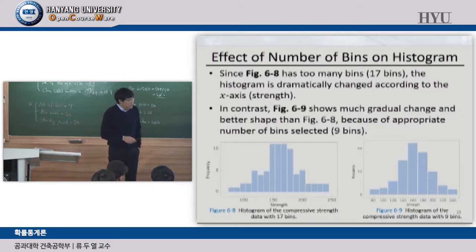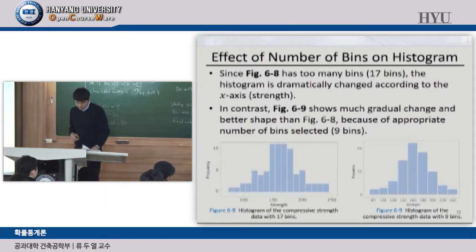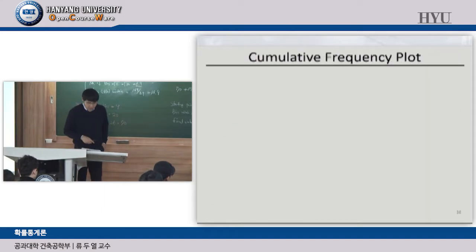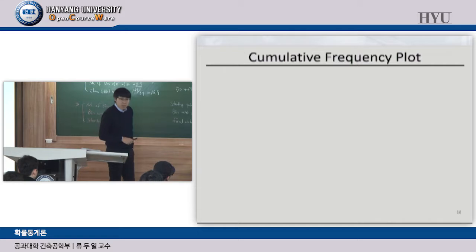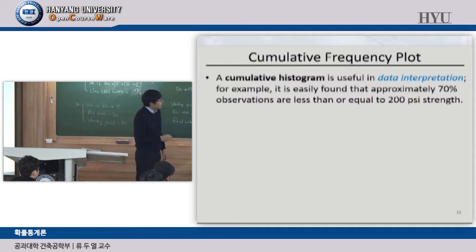So, this is about the effect of number of bins on histograms. And also, I'm going to explain about the cumulative frequency plot. A cumulative histogram is useful in data interpretation.